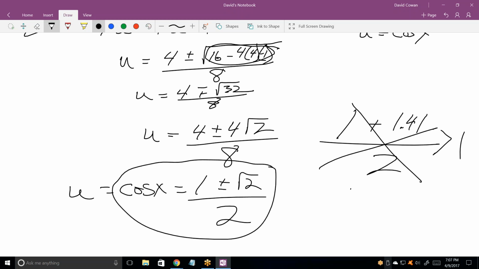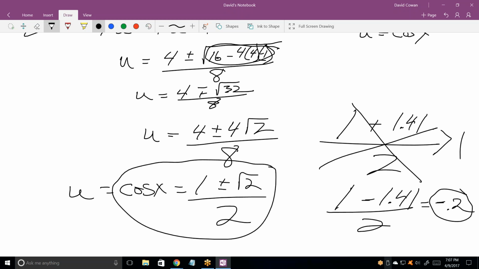If we take the other number, now we're inside the range. In other words, that's approximately negative, what, 0.2? I'm not concerned with preciseness at this point. I'm concerned more with whether, a lot of times when you have a quadratic, you produce two solutions and one of them is extraneous.